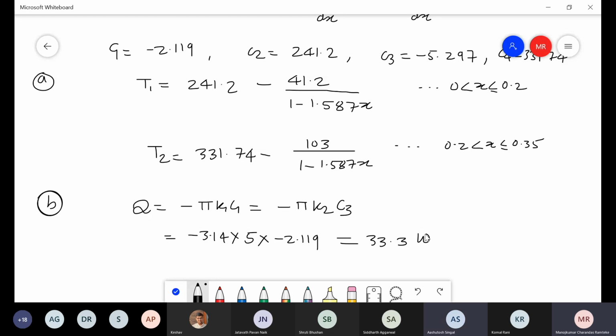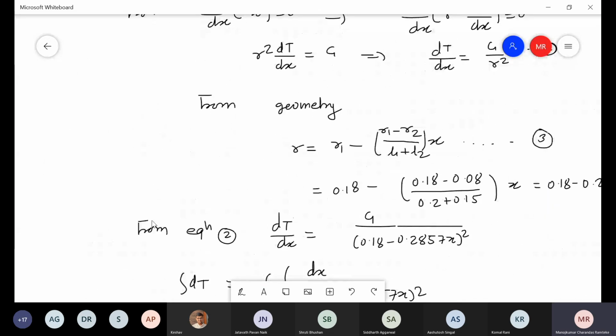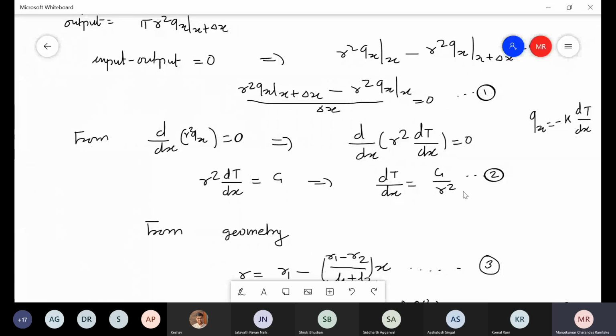Sir, how did you write this pi kc? Just go back and see the balance equation. Where is the balance equation? Balance equation we are having here. Look at equation number 2. We are having minus k dT by dx, what is it?